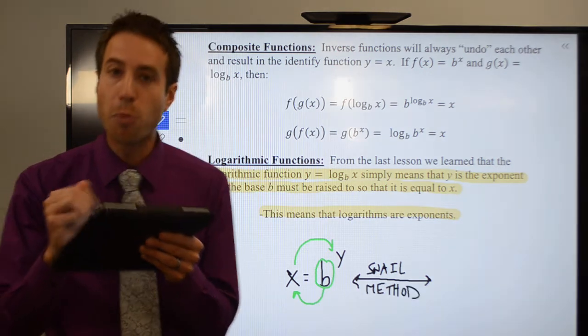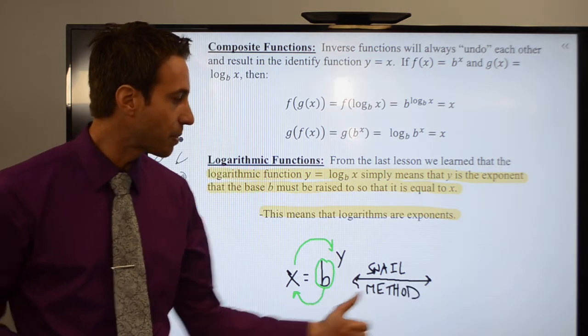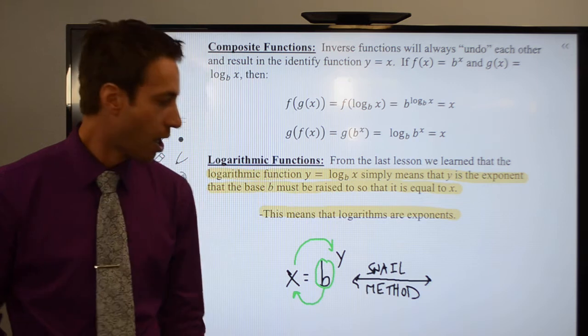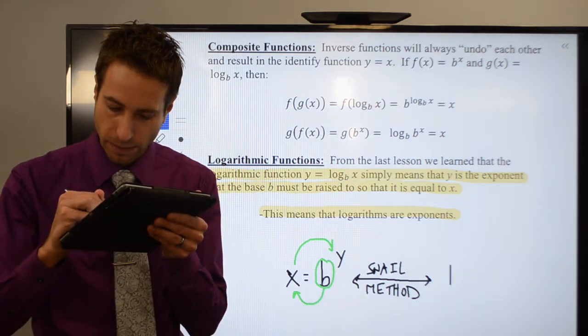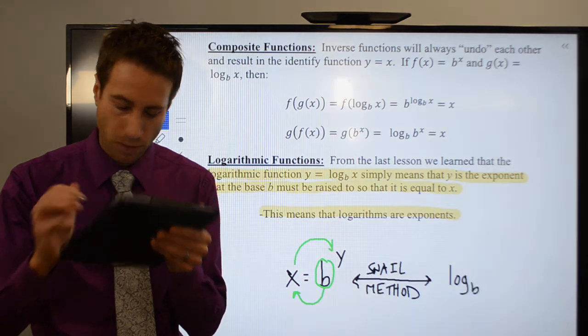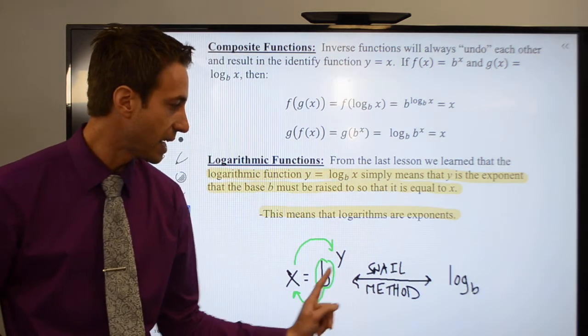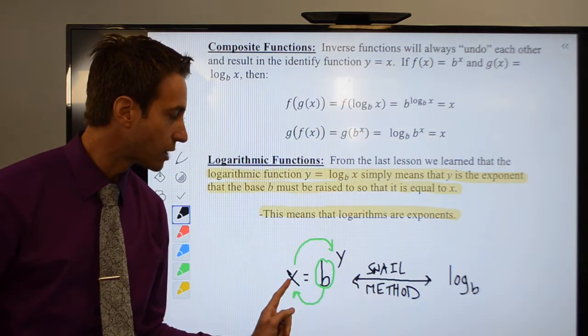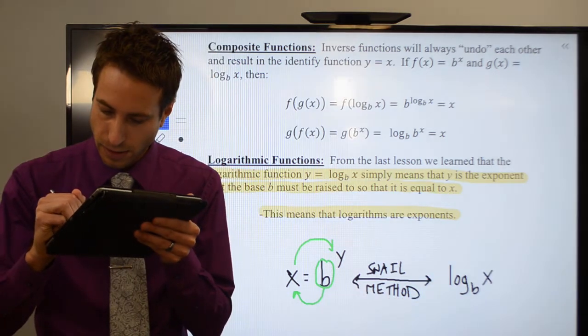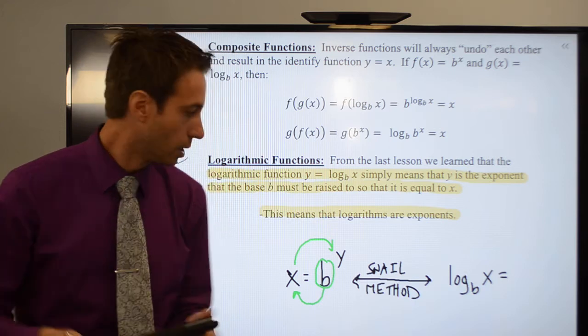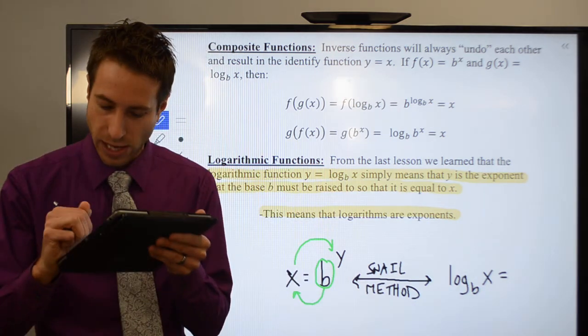That's going to help us go back and forth between the exponential and the logarithmic function. I start with the base, so I need a log base b. I work my way around the equal sign, so I'll be taking the log base b of x, and that's equal to y.